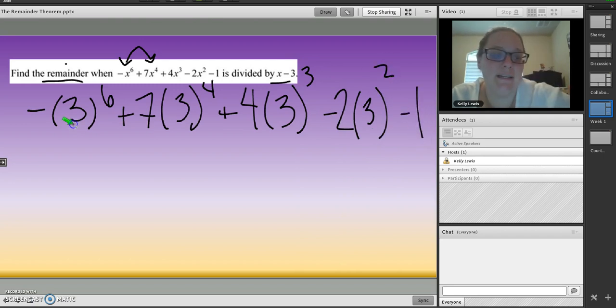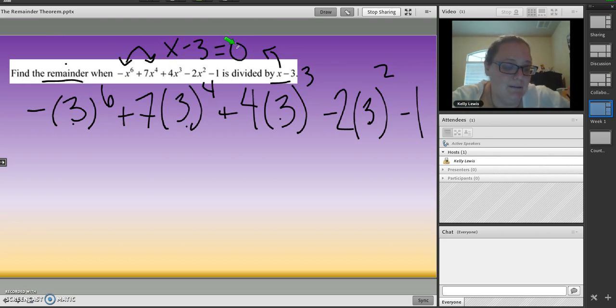All right, and so the reason I substituted positive 3 is because we take this guy, we do x minus 3 equals 0, and we solve, and so we get positive 3. I'm going to plug that, type it into my calculator.